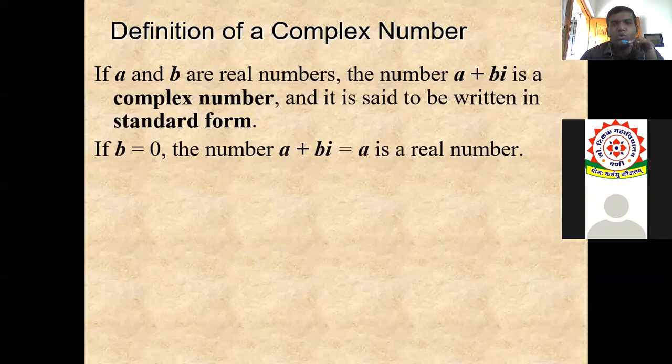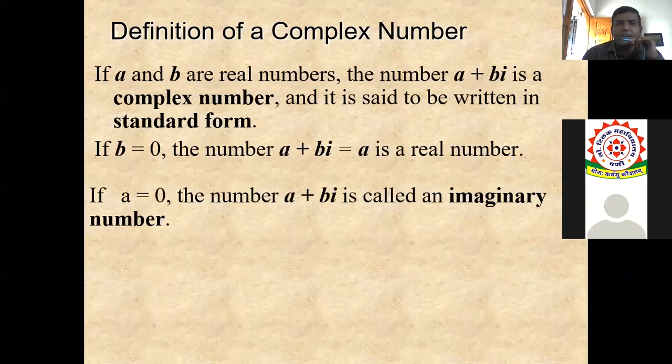If b is 0, then a plus ib is equal to a, and it is a real number. And if a is 0, then a plus ib is simply written as ib, so that ib is a purely imaginary number.